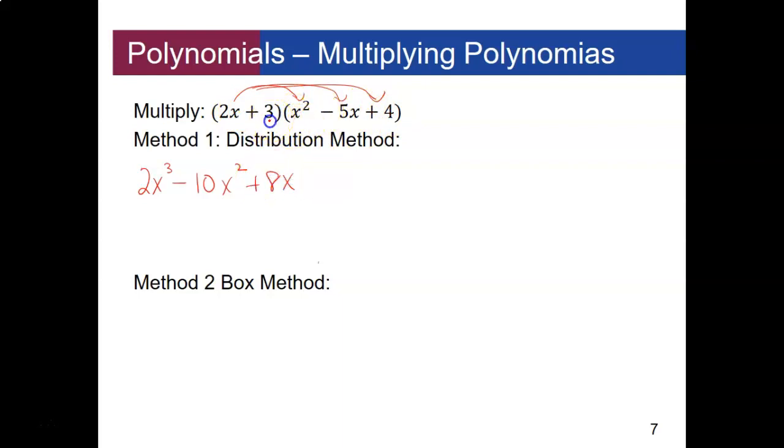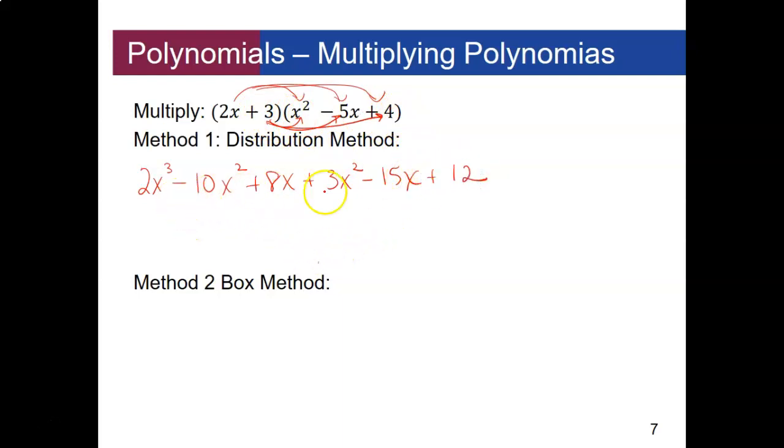And then I'm going to distribute and multiply everything by the 3. Okay, so 3 times x squared will give me 3x squared. 3 times negative 5x will give me negative 15x. And then 3 times 4 will give me 12.